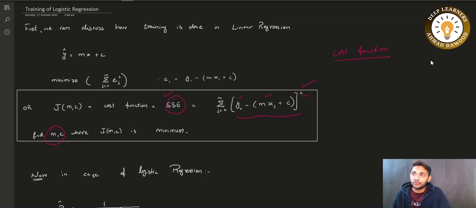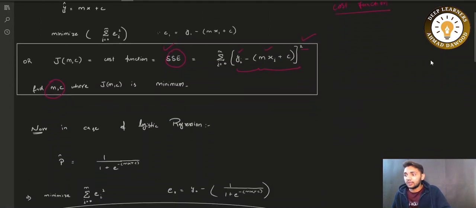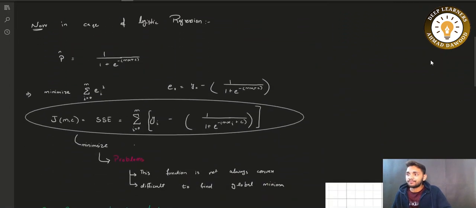First, we will try to build a cost function in the same way that we did for linear regression.